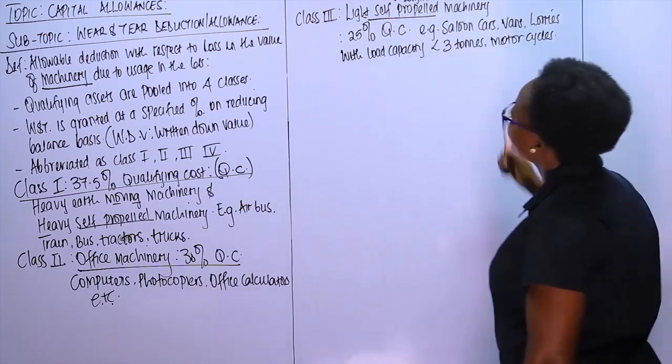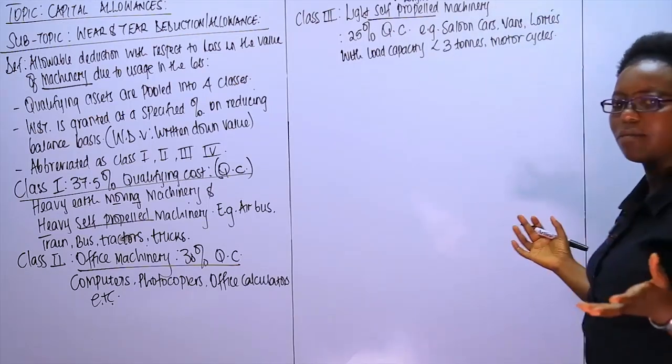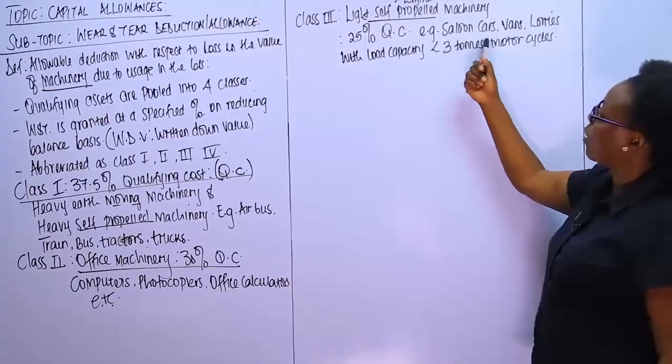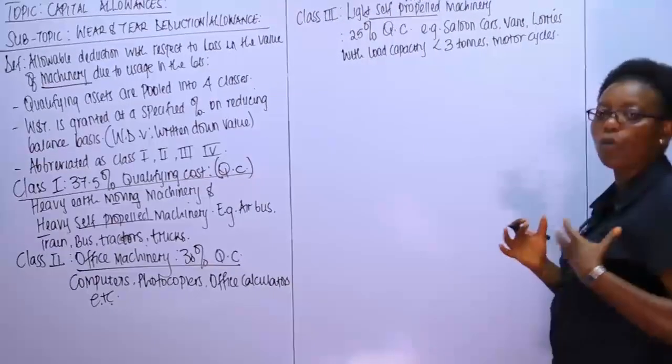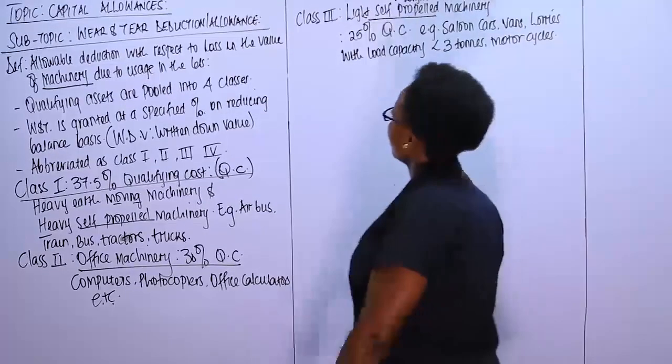So here it's light and self-propelled, what you'd call a small vehicle in Kenya. Now, for saloon cars, we're going to see much later how we treat them for the purpose of inclusion in class 3.